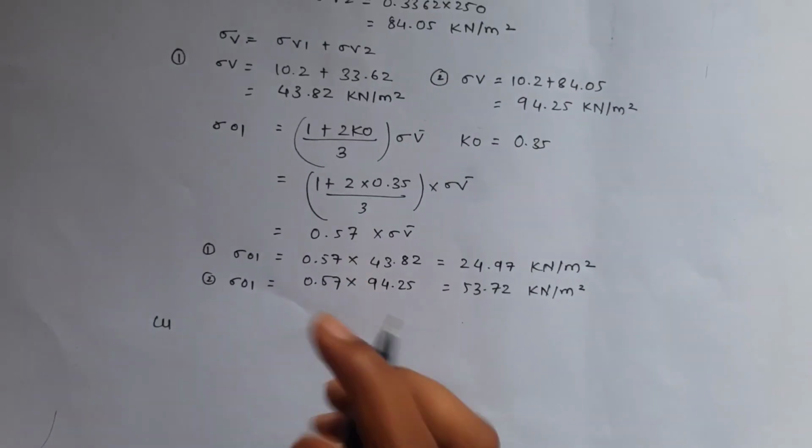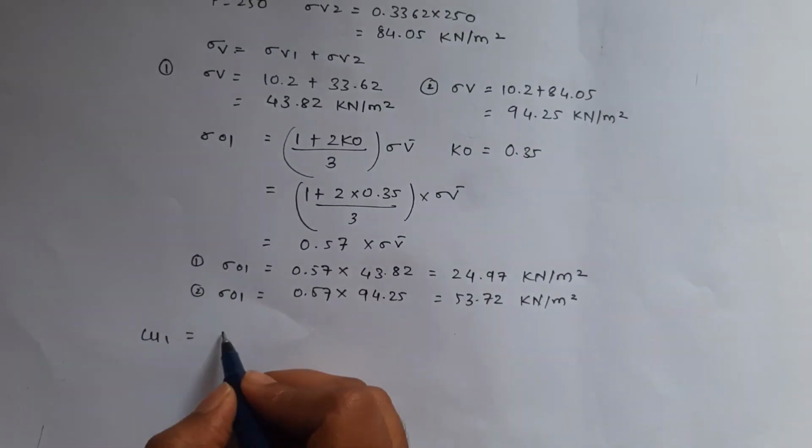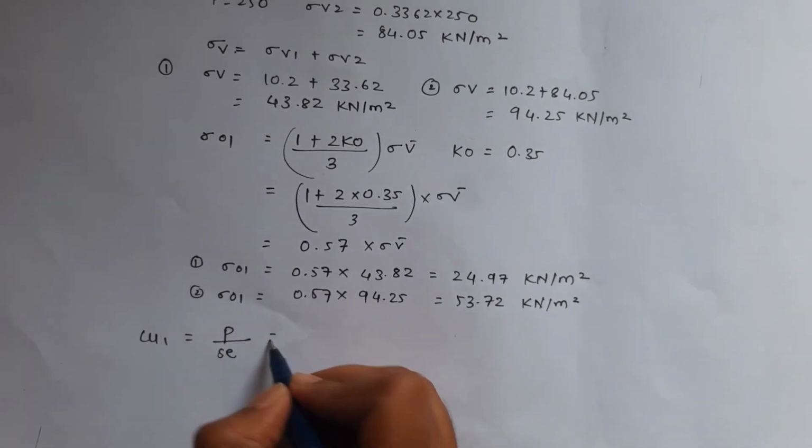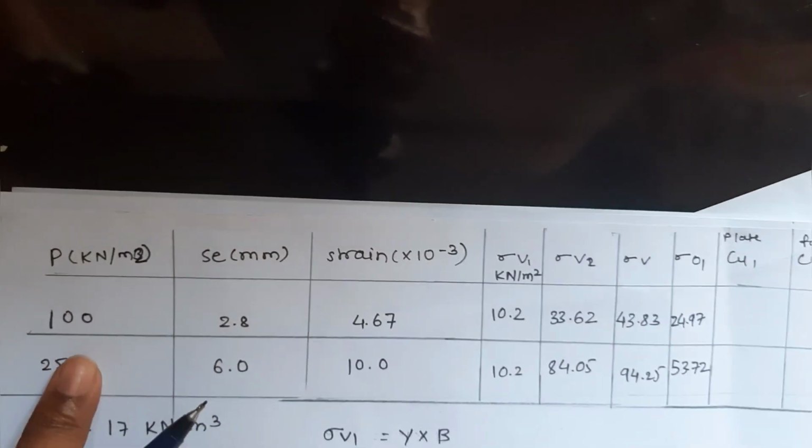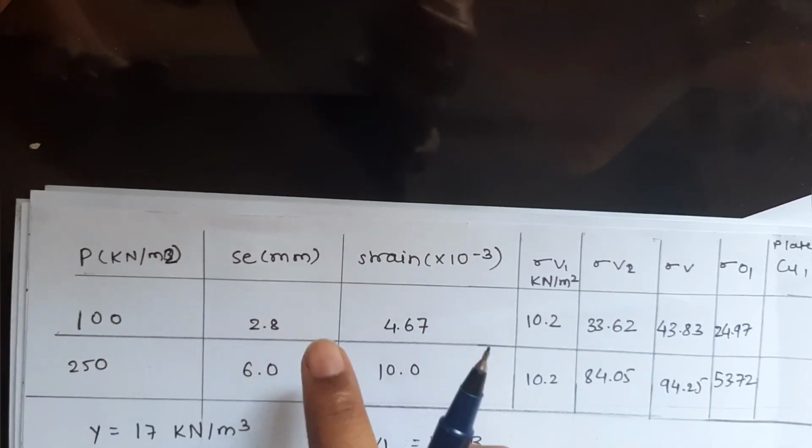To calculate Cu1 for the plate, the formula given is P by delta. From the table, the P given here is 100 and the settlement given here is 2.8.